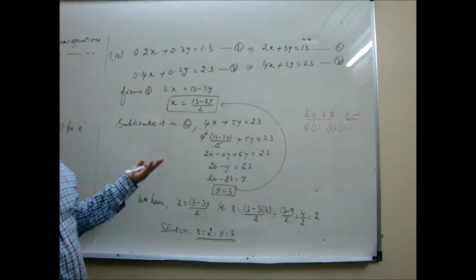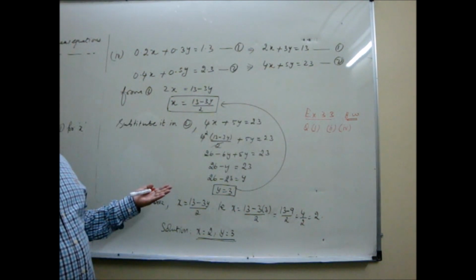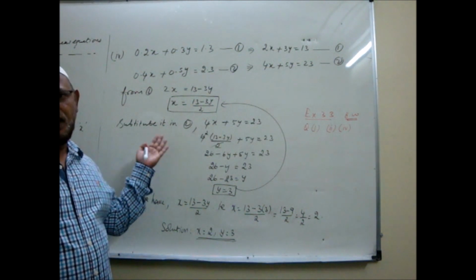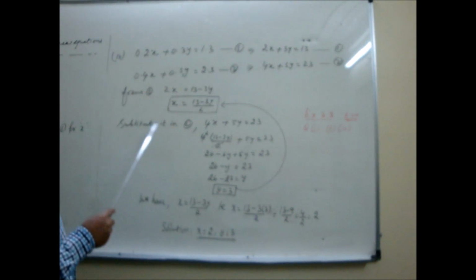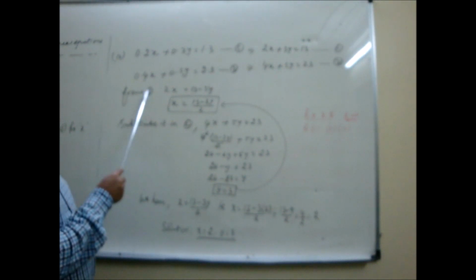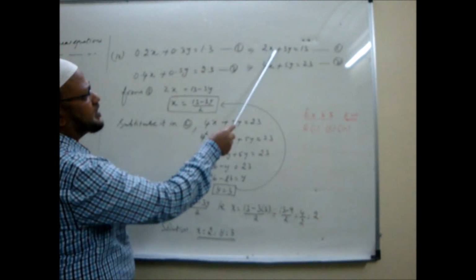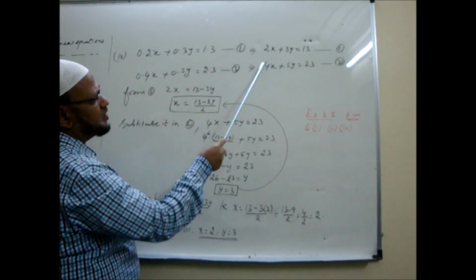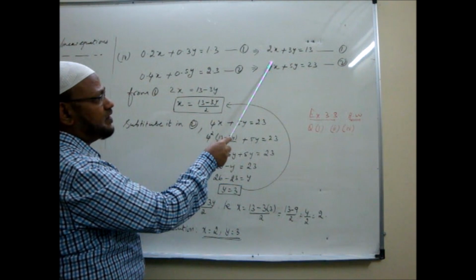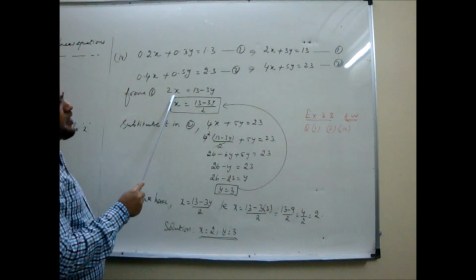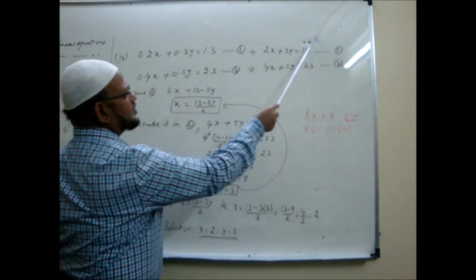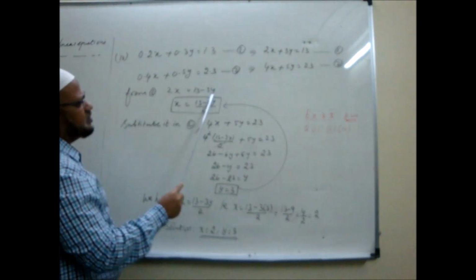Okay, now choose your own way. Any equation you choose, express any variable, one in terms of the other, you write. I have taken equation 1. I find 2x from here and I will put in this place. Okay, what is 2x from equation 1? 2x is equal to, transposing this other side, 13 minus 3y.